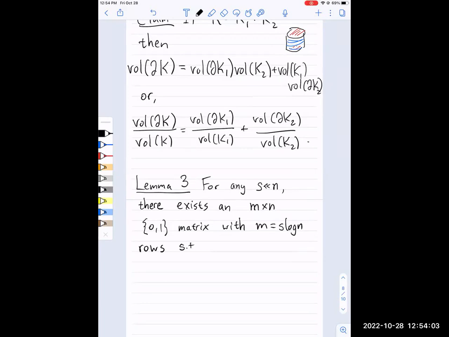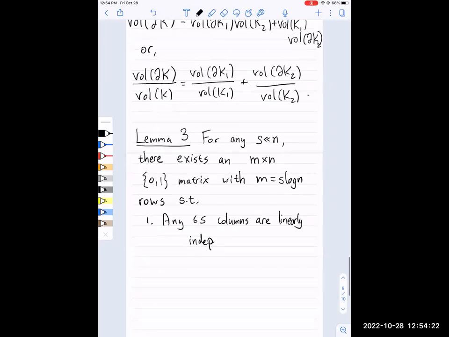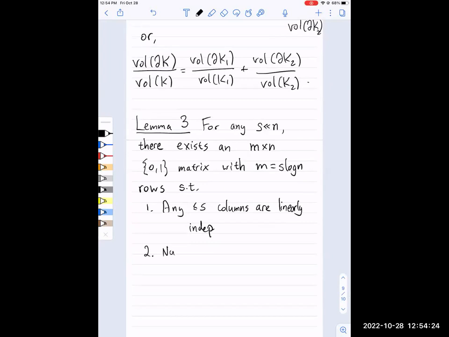Such that, and this is really what we need, the first property is that any at most S columns are linearly independent. And number 2 is that the number of ones in each row is 5n over m. Okay, the 5 is just arbitrary. It doesn't have to be 5, just something for concreteness.